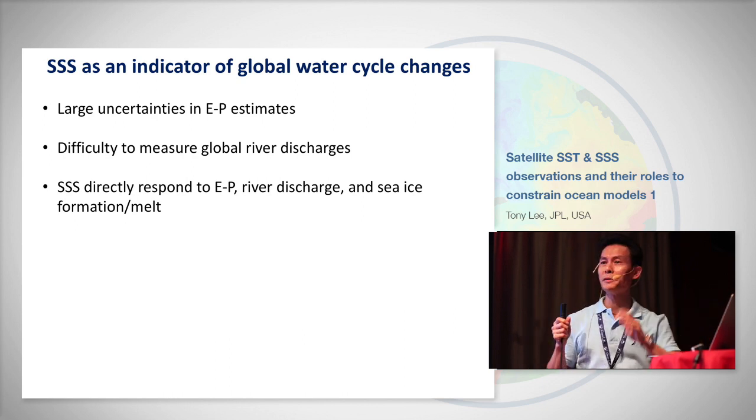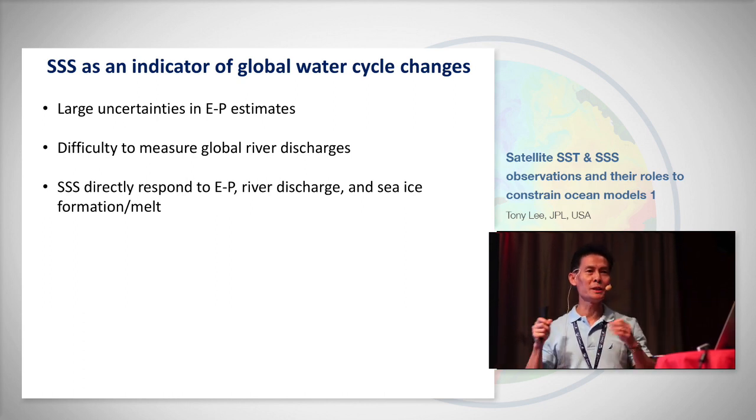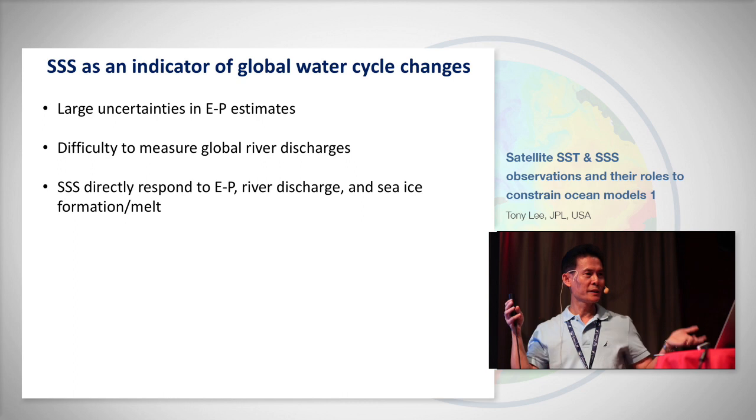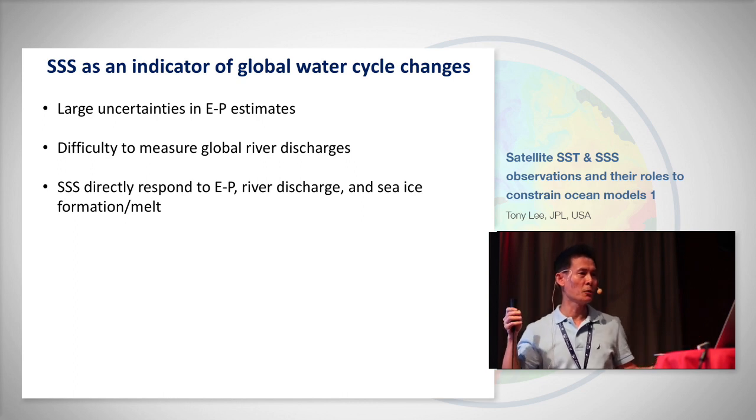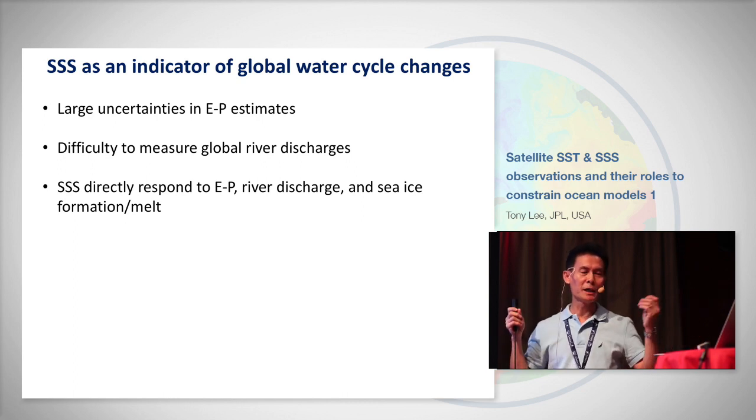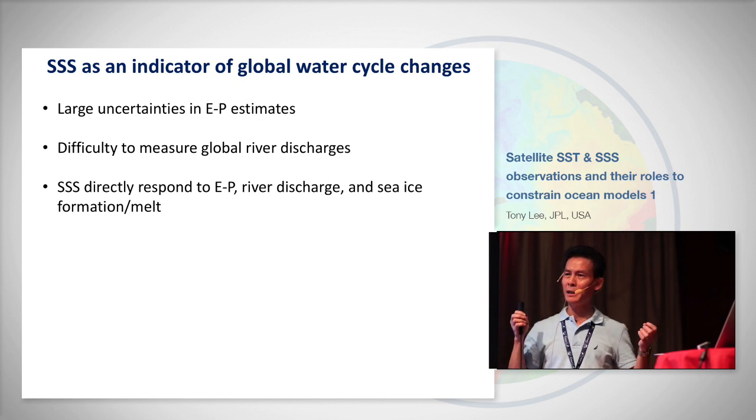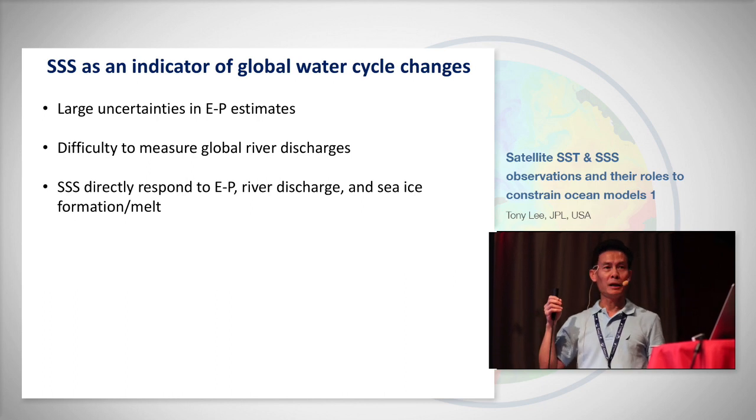Now, monitoring global river discharge is even more difficult. There are so many rivers, and many rivers are being dammed by humans. So it's very difficult to quantify the changes associated with continental runoff as an indicator for global water cycle changes. Sea ice melt is very inhomogeneous as well between both poles and requires a lot of good measurements.